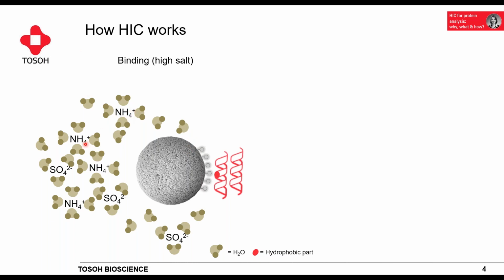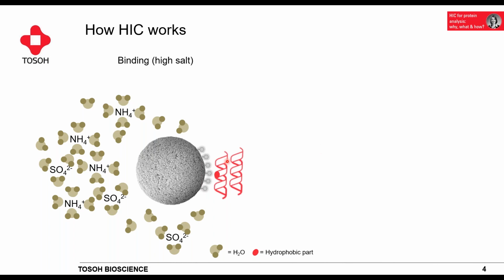Here I added salt. One of the salts often used for HIC is ammonium sulfate. What we will have is that all of our water molecules, these little guys here, will be kept busy by all of the ions that we have because of the high salt concentration.